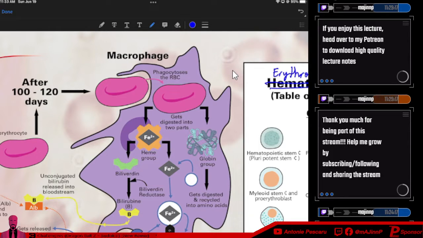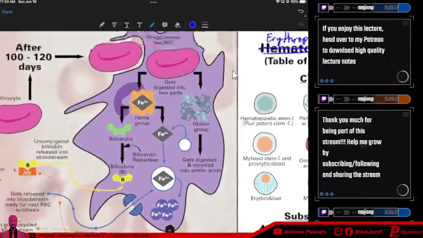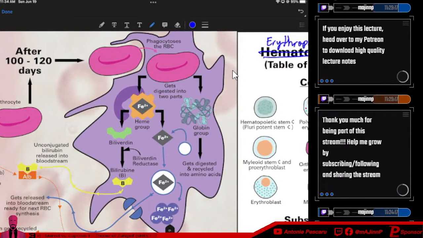Usually your sinusoidal capillaries are found in your liver, your spleen. The spleen is actually nicknamed the graveyard of the red blood cell, because that's where they go on to die. Your liver as well, and anywhere else where you have sinusoidal capillaries, basically.